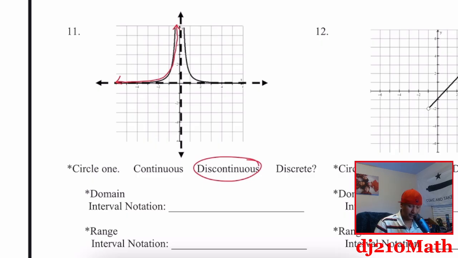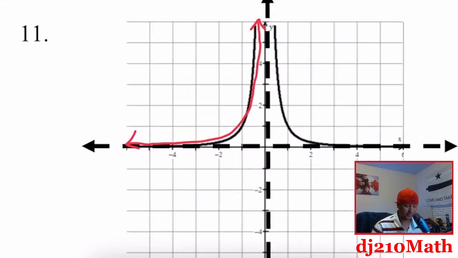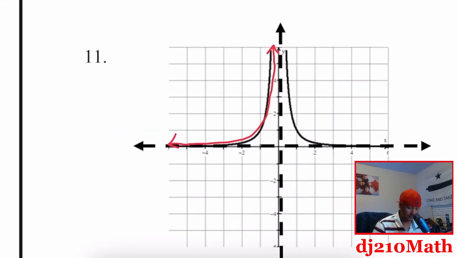So if we look at the left side, because we're going to talk about the domain first, you look at the left side, the most left is this arrow right here. And then as you slide this arrow to the right, you get right up on this boundary, like this asymptote right here, that it'll never cross. So it'll keep getting closer and closer, but it'll never touch.